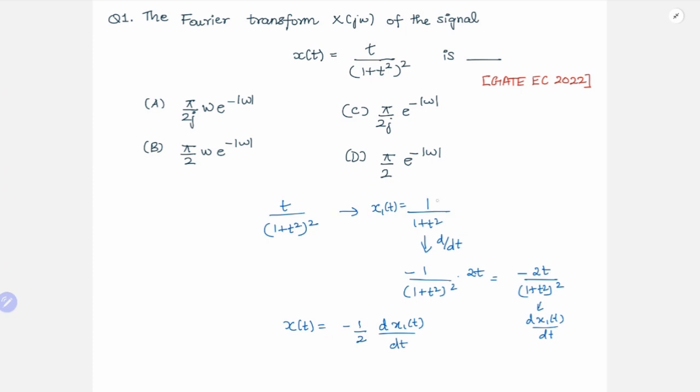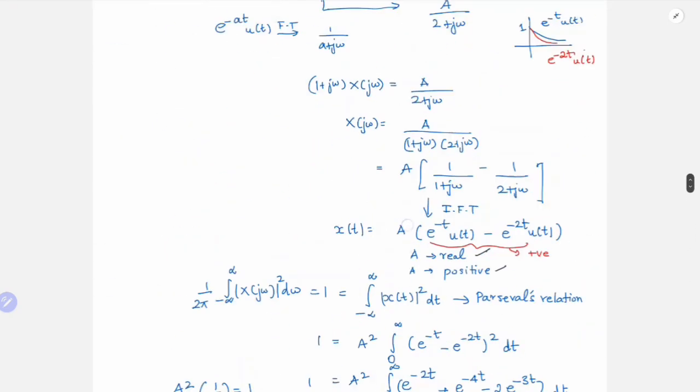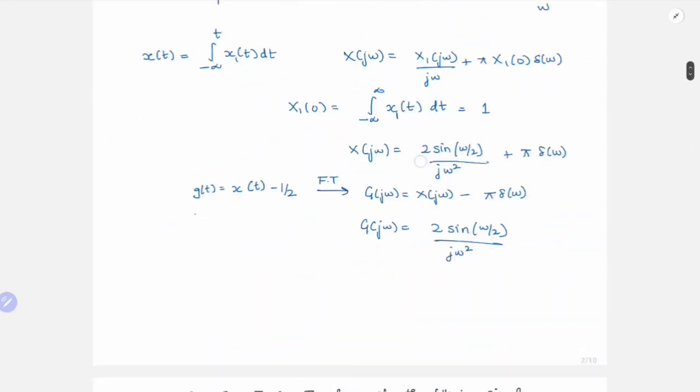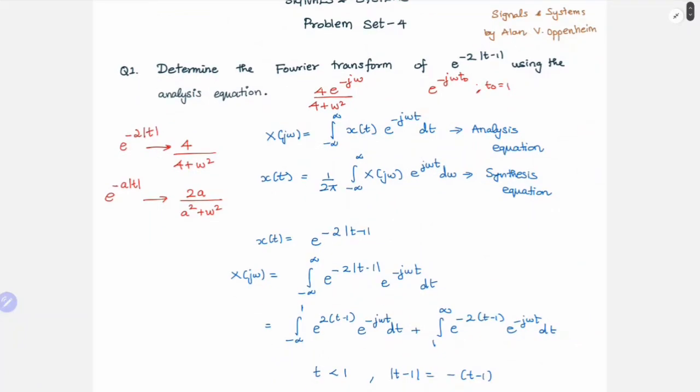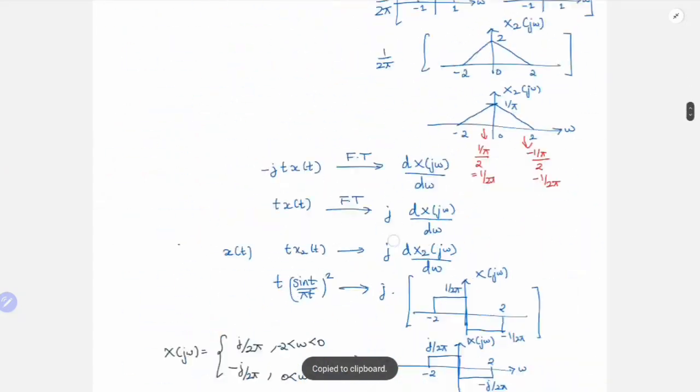So if I am able to find the Fourier transform of x1 of t, then I can easily find the Fourier transform of x of t. So again, this 1 by 1 plus t square is something of the similar form we solved, right? So if I go back, here the first question. So we had this relation. Let me take it here.